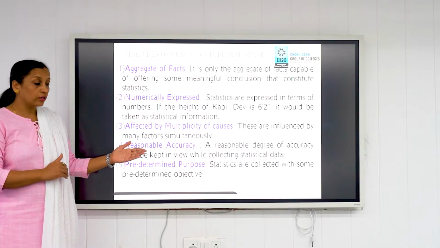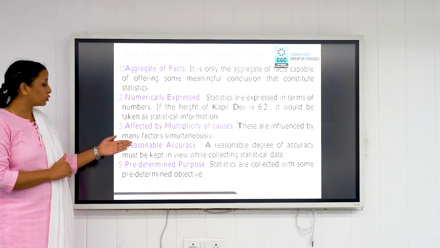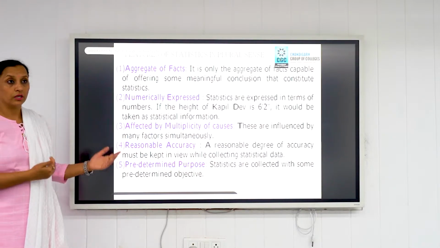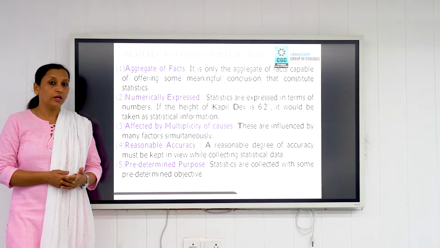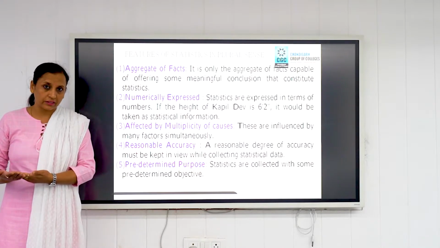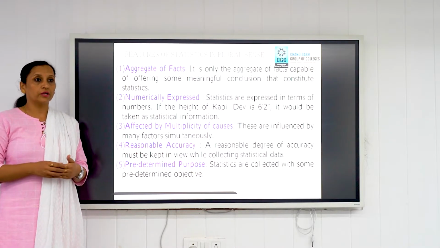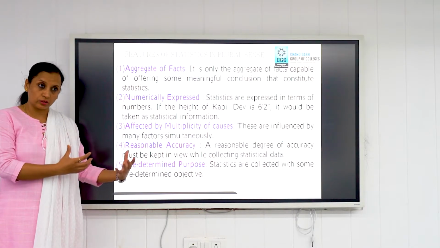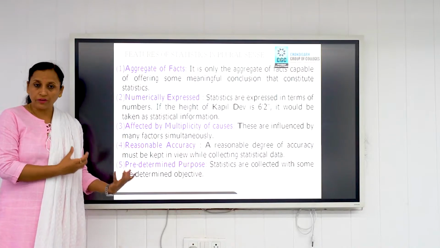There are many factors that influence other factors also. Like wheat depends upon so many factors like rain, the climate, the temperature, which affect the productivity of the wheat.